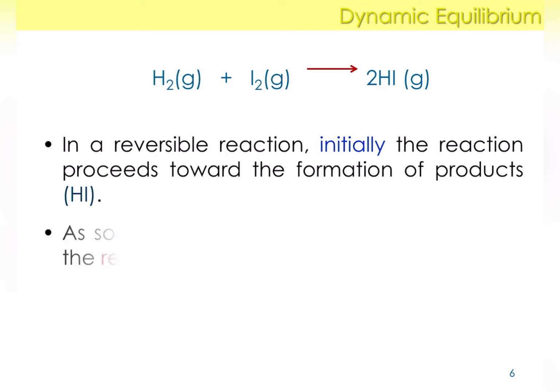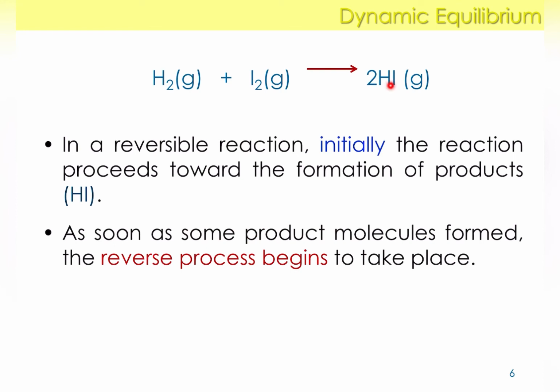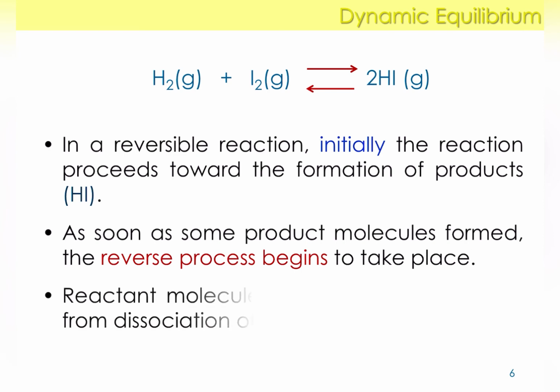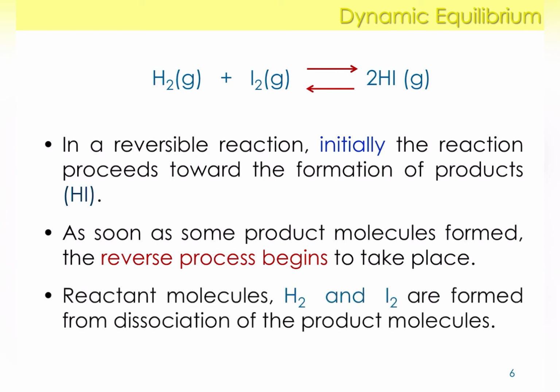But as soon as some product molecules of HI form, the reverse process begins to take place, where the product will dissociate to form the reactant molecules back. And in order for you to indicate this using the correct sign of arrow, you will use the reversible sign for this arrow, just like this one, if you want to write it down in your answer.